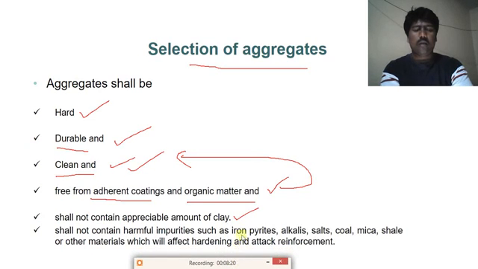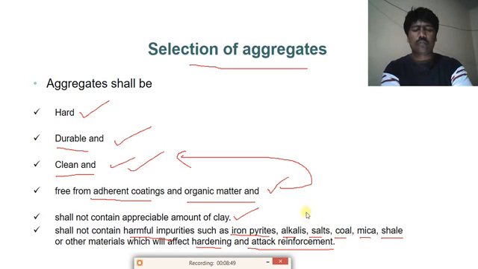And also the main thing that we need to consider while selecting the aggregates is the harmful impurities, such as iron pyrites, alkalis, salts, coal, mica, shale, or other materials which will affect hardening and attack the reinforcement of the structure.